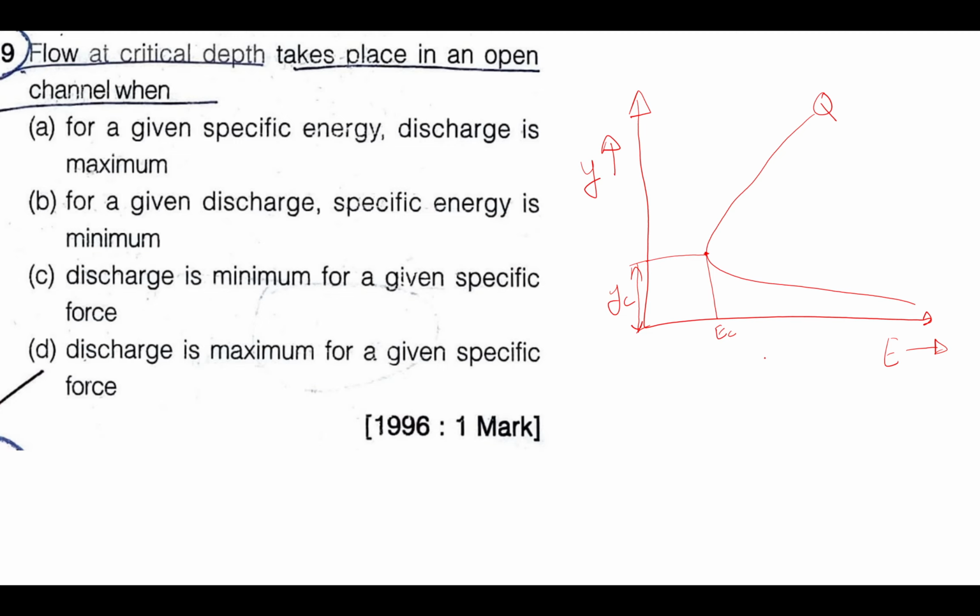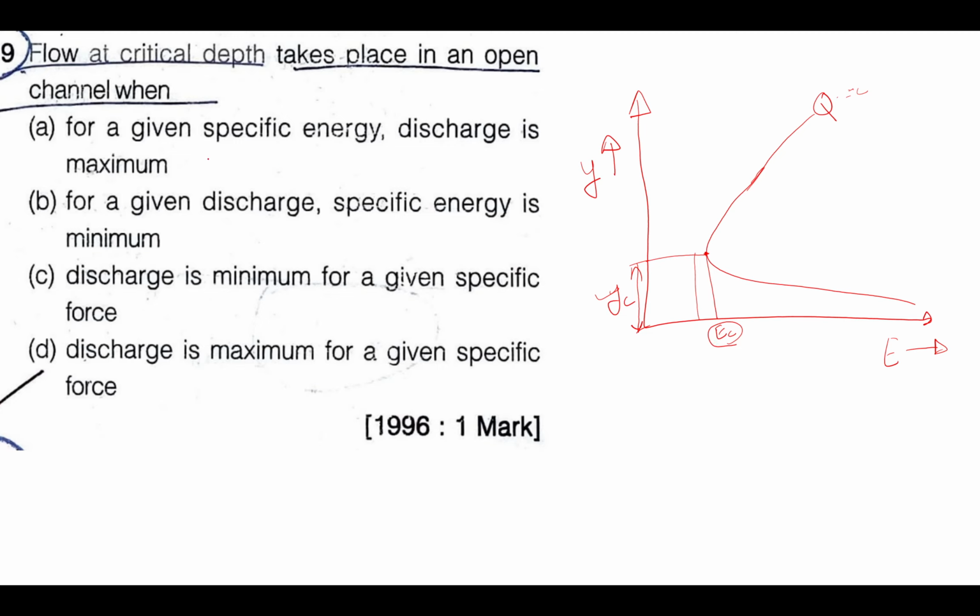Now read the question again. Flow at critical depth takes place when the discharge is constant and the energy is minimum. If you minimize the energy further, there is no flow, because for flow the energy should lie on this graph. So minimum energy is critical energy.